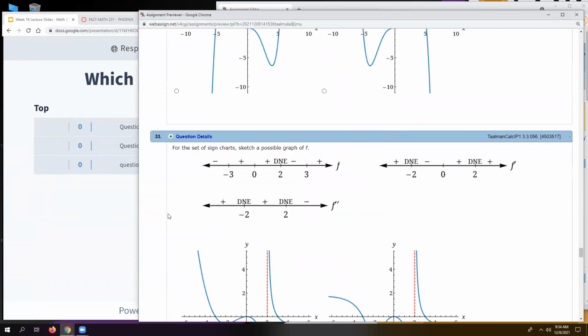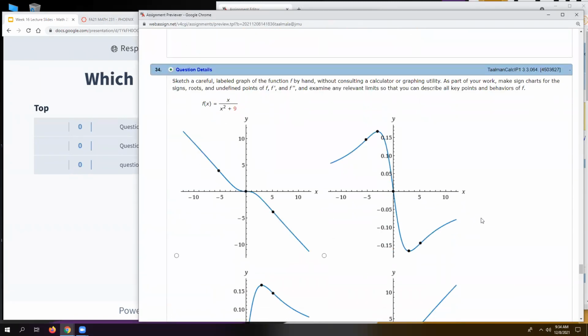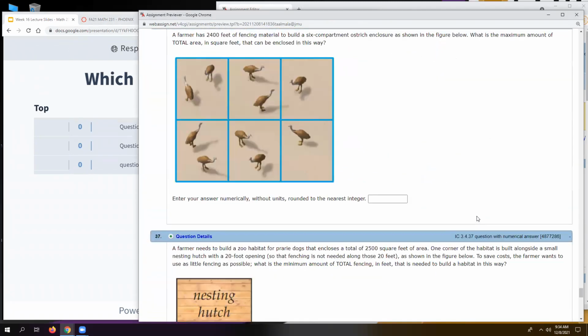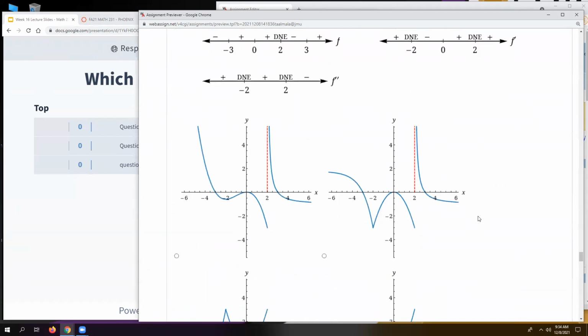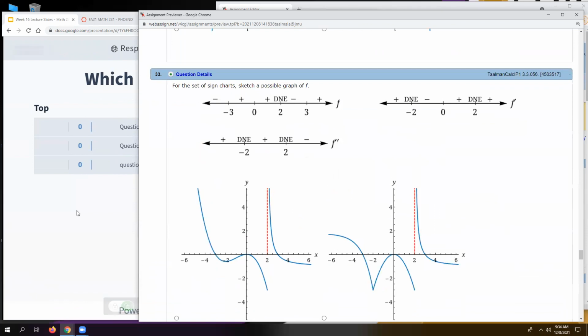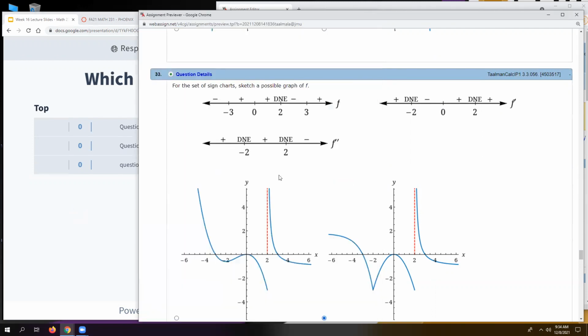Okay, let me start with 39 and 37 then, because those people, well, I guess all of these are like, I don't even know how to start. So let me just tell you how to start for each of these. Each of these questions were just about, how do I even begin? So instead of doing one of them for a long time, I think I'll just talk about how to begin for each of them.